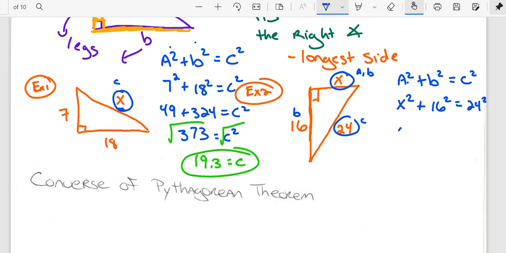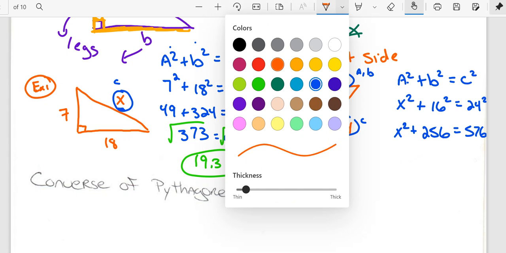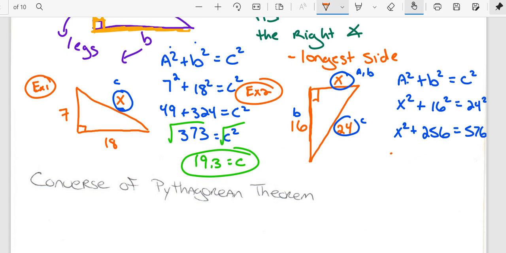So I'm going to do x squared plus 16 squared, which is 256. 24 squared is 576. I end up with x squared equals, let me write out the extra steps here for you guys, at least the first time through. Now I want to solve for x, so I'm going to move the 256.